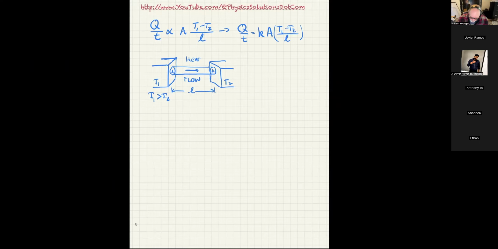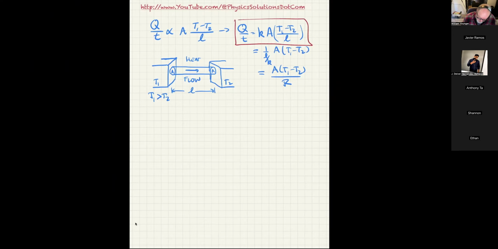So if you wrote this as 1 over (L over k) times A times (T1 minus T2), you could also write it as A times (T1 minus T2) over the R value. That's the one we use in construction, but you're not going to mess with it too much. It tells you about the units and all that good stuff. But the main thing we care about is this equation right here. Okay.